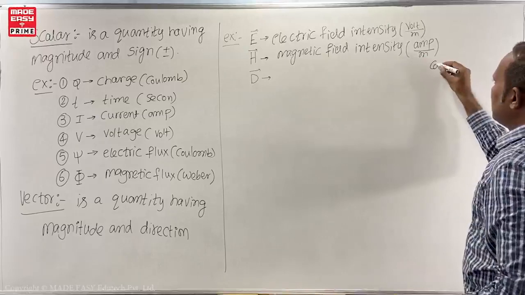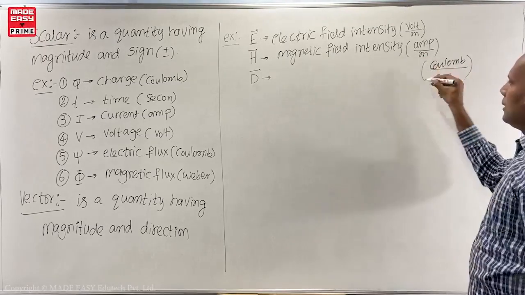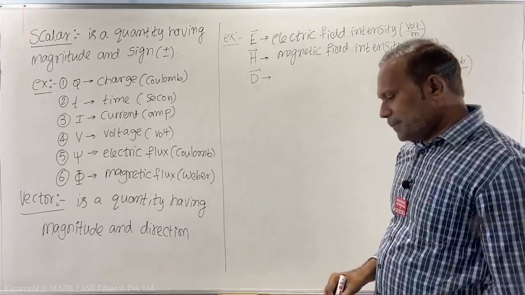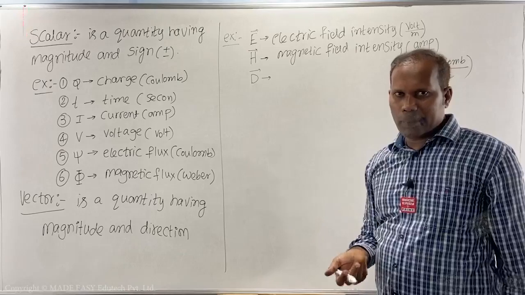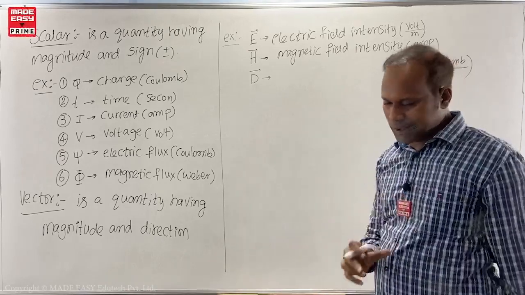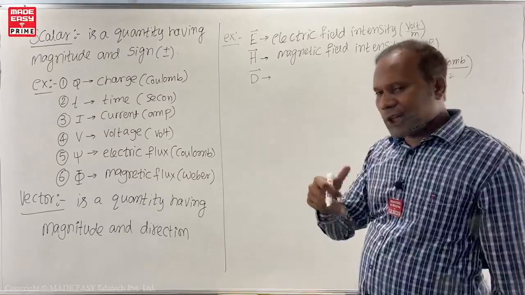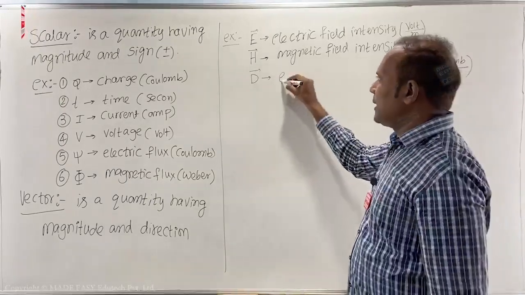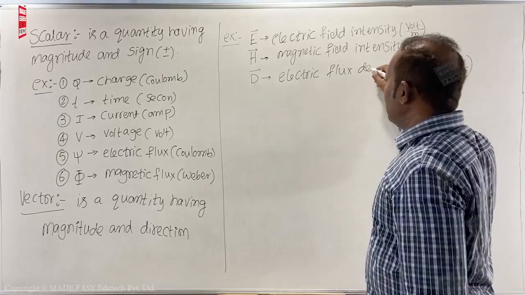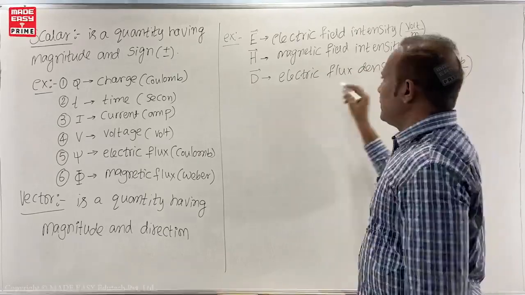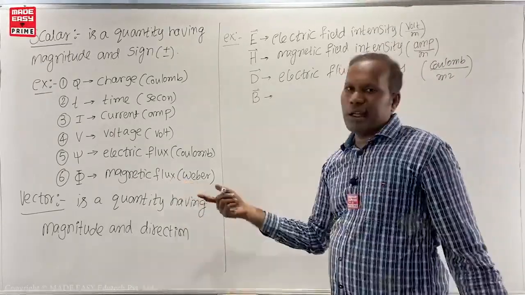So coulomb per meter square. So actually per meter square, per meter cube, like that, per meter you get densities. So electric flux by area, that is called electric flux density. Name is like that. Similarly, B bar, magnetic flux by area.